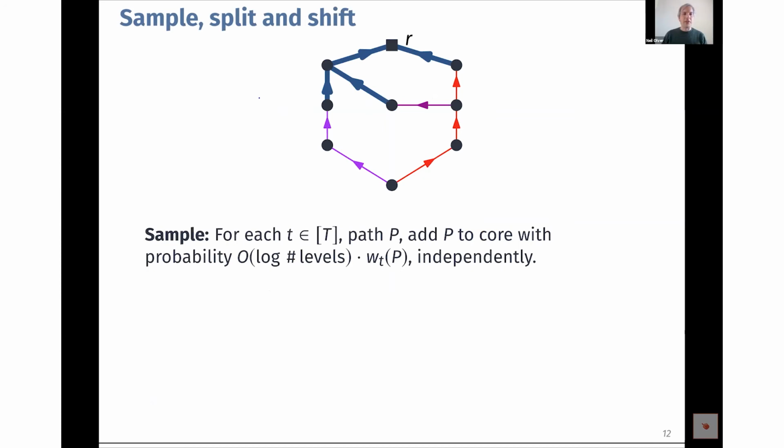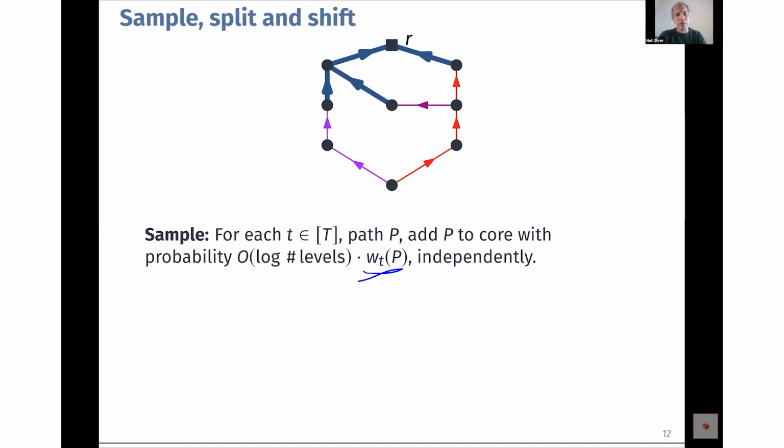How are we going to achieve this? The first thing we're going to do is a simple randomized sampling procedure, the simplest thing you could do: independent sampling. For each day and each path P that has some weight, we look at that weight, upsample it by our approximation factor, and then sample it with that probability.